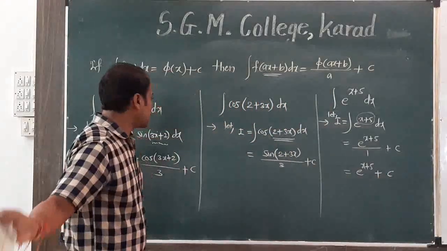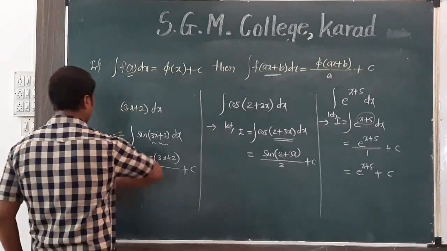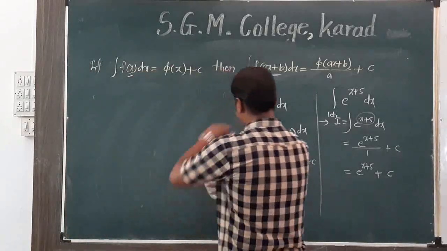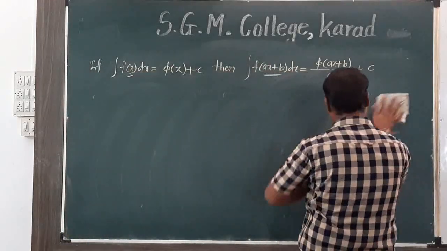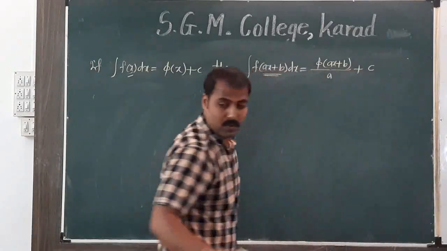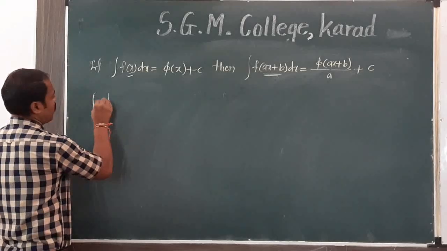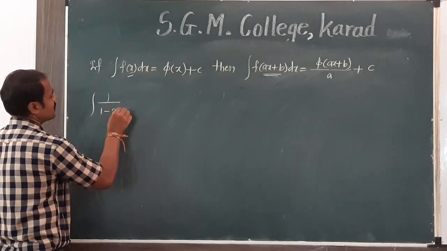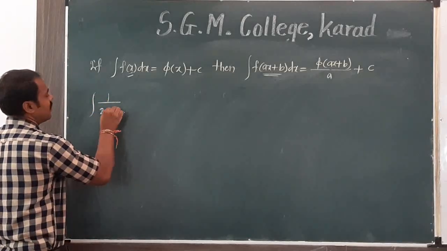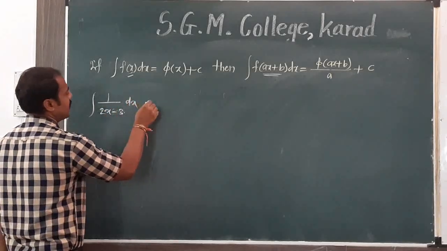Okay, next simple example is evaluate integration of 1 upon 2x minus 3 dx.